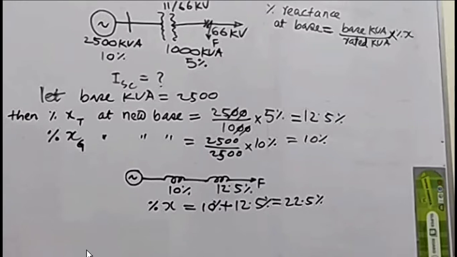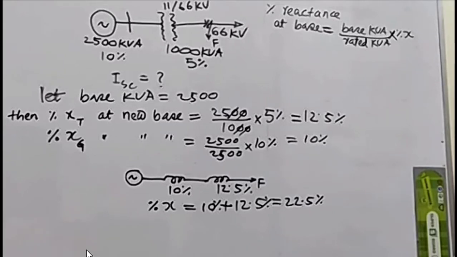After conversion to the new base, I have shown the reactance there. So the total percentage reactance is 22.5%. It is basically inductive reactance expressed in percentage of the power system.